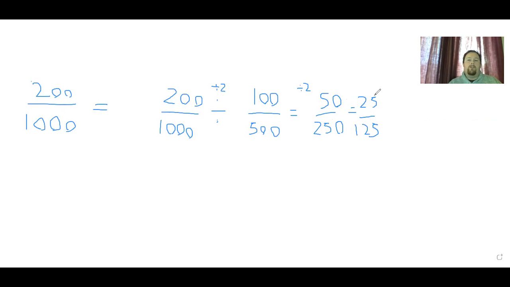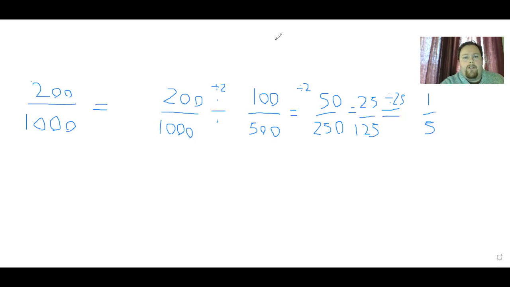So if we've got the number 25 and 125, I can think, well, I know that 25 goes into both of them. So if I divide by 25, the top number will be 1. It goes in there once, and the bottom number would be 5 because 25 goes into 125 5 times. Once I'm down to this, 1 and 5, I'm at my lowest point. There's nothing else that can go in there.